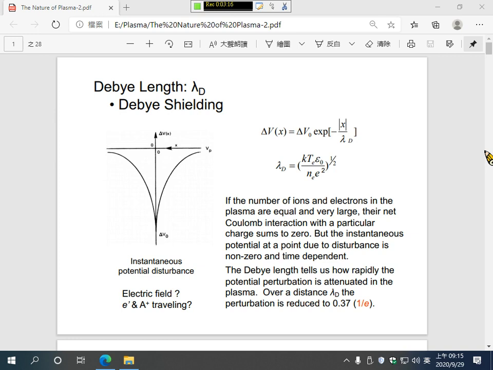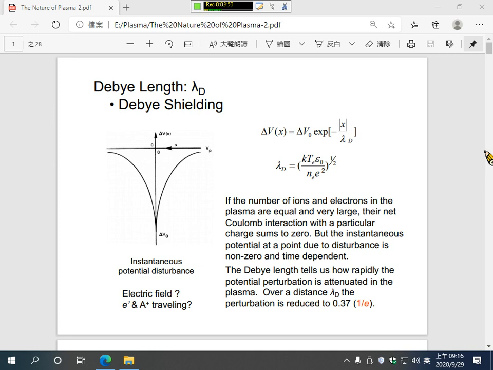So with this negative potential, if one electron travels close to this electron, the electron will experience a repelling field. But if a positive ion travels close to this electron, the positive ion can feel the attractive force of the electrical field.